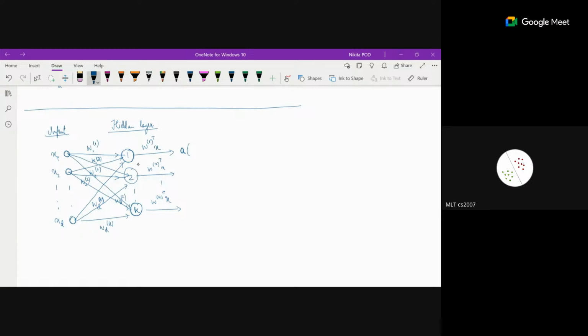Every output inside this hidden layer passes through the activation function, so it becomes A of W1 transpose X, A of W2 transpose X, so on till A of WK transpose X. Now, combining everything, you get the final output. This is called the output layer.